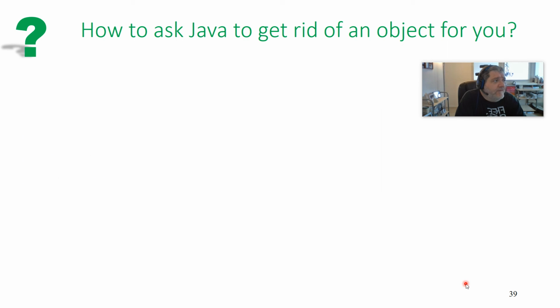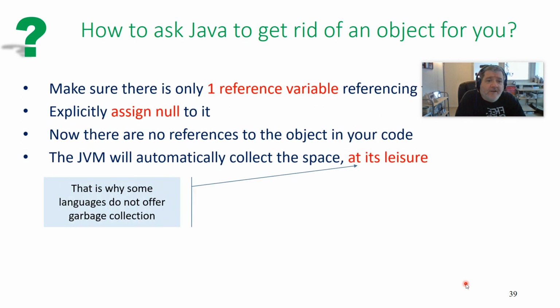In Java, things are a little bit easier because of that garbage collector. But if I find myself in a situation where I have an object and I know I'm not going to use it, then the way for me to tell the Java garbage collector that it should dispose of that object is by making sure that I remove all references to that object.